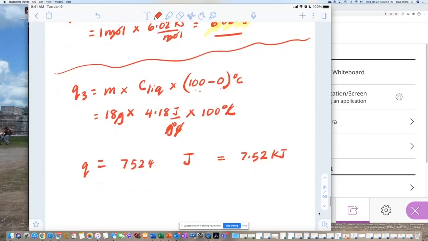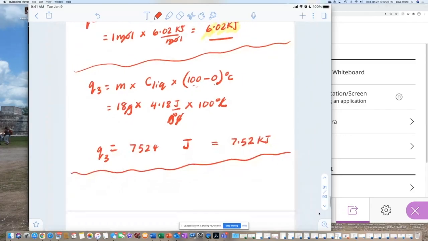Is that what you get? Hold on. Okay. Because if you double check my work, I don't have to double check my work. 7.524. Yep, that's what I got for kilojoules, right? So that's Q3.